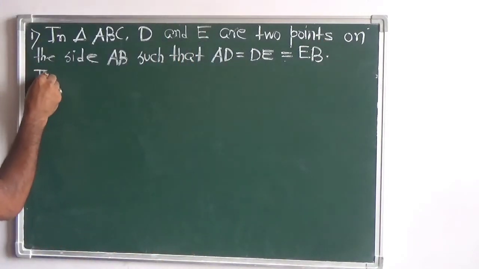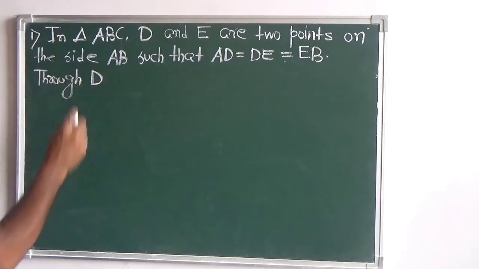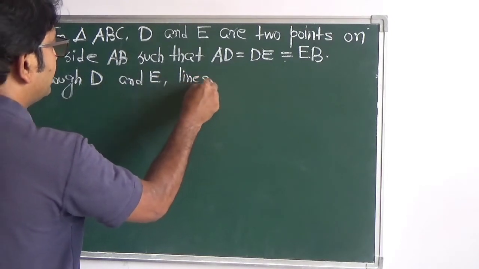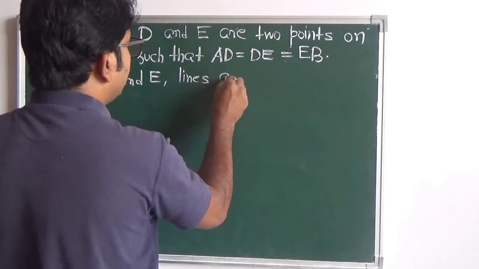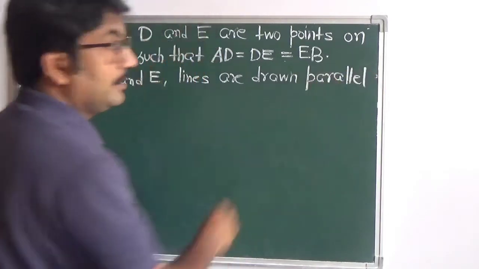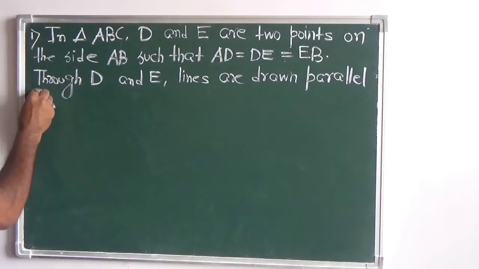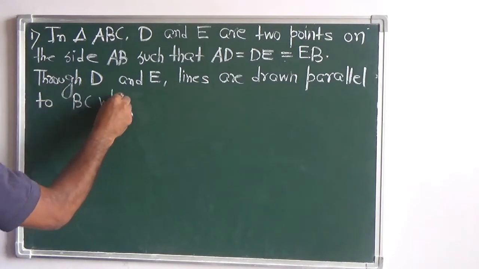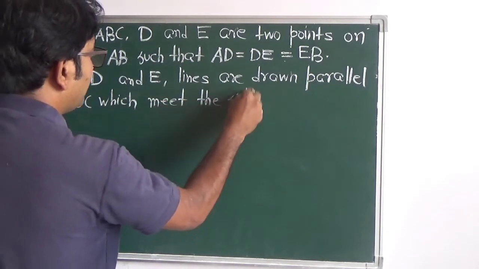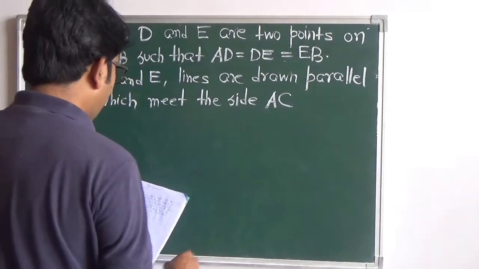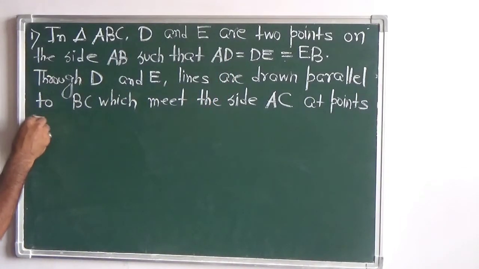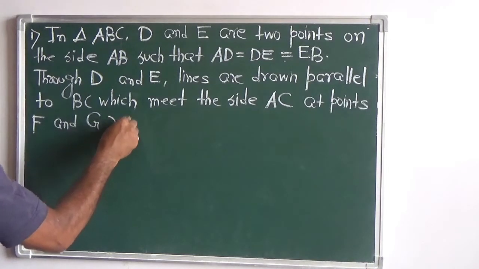Through D and E, lines are drawn parallel to BC, which meet the side AC at points F and G respectively.